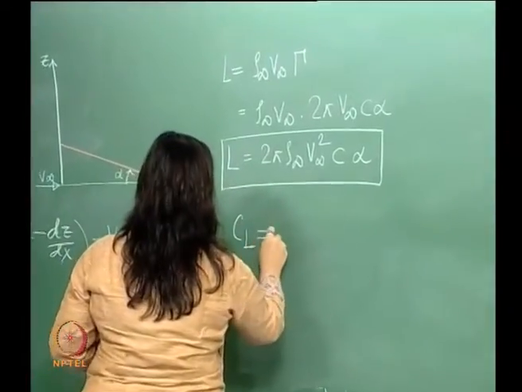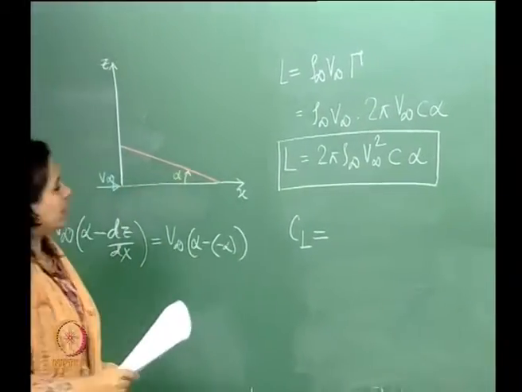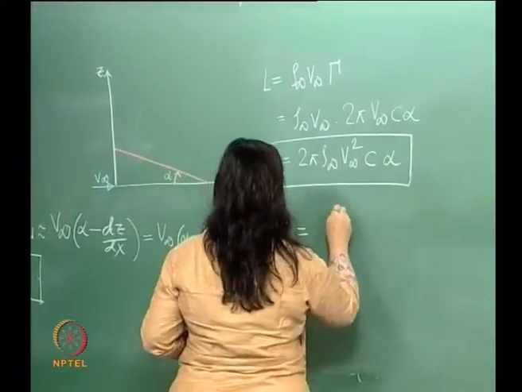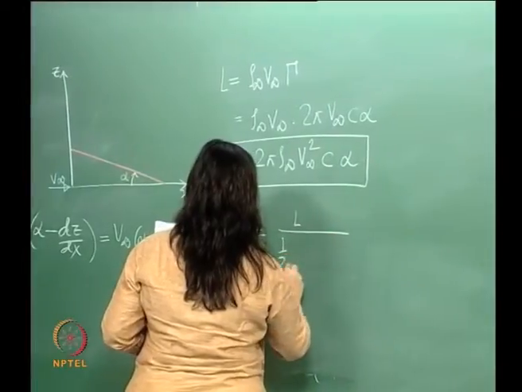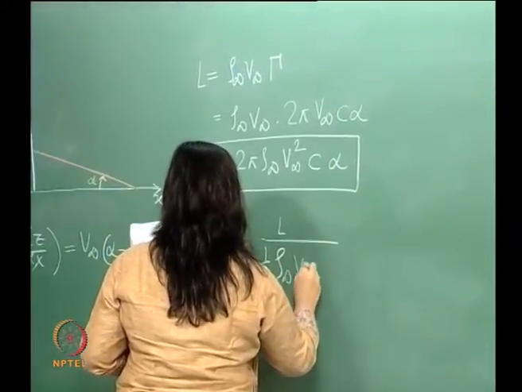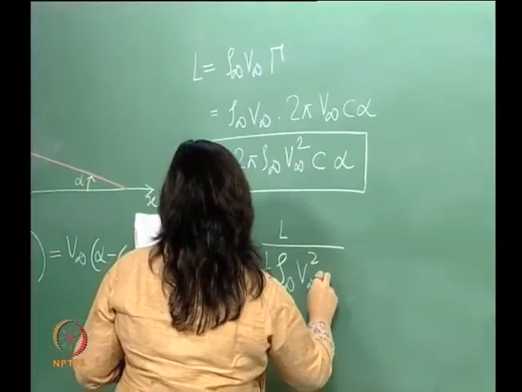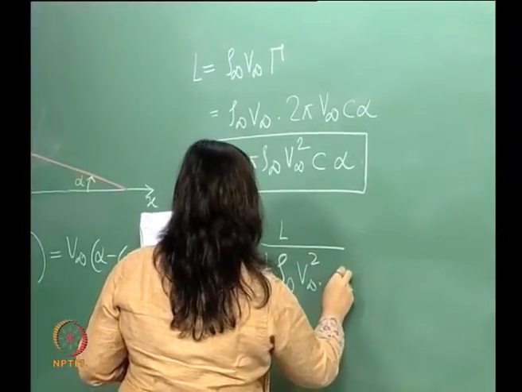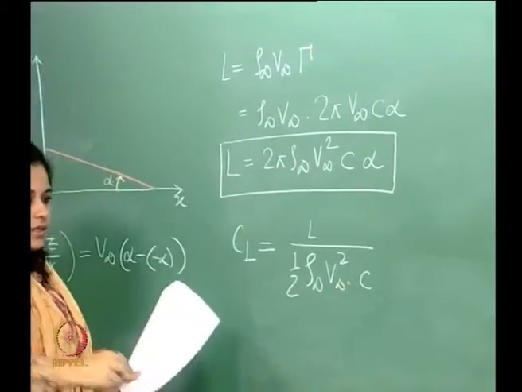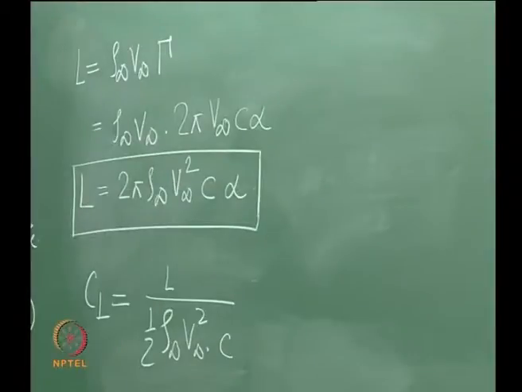Therefore, CL becomes half rho infinity v infinity square into, in this particular case it is a 2D airfoil, so it is just c, unit span.